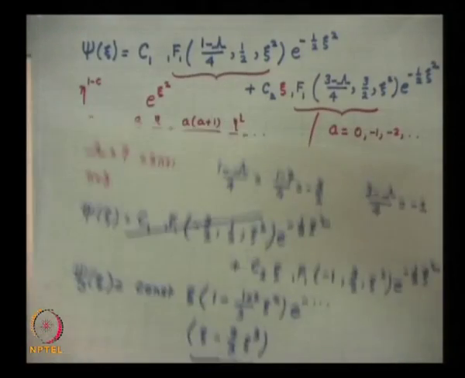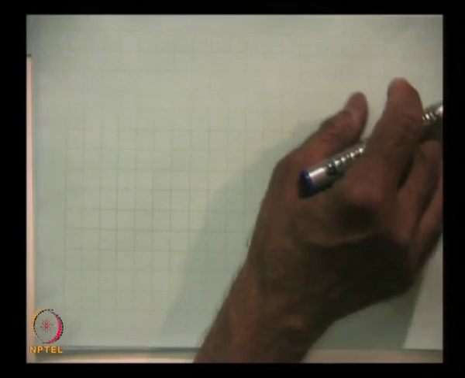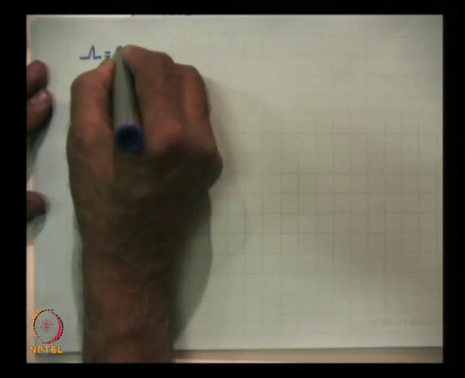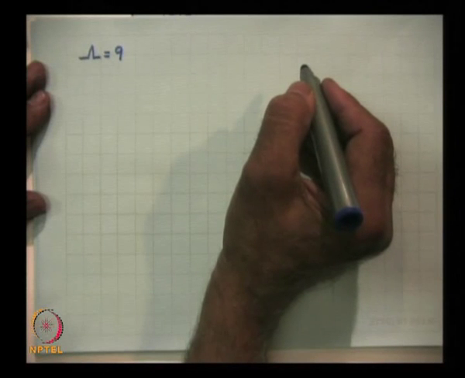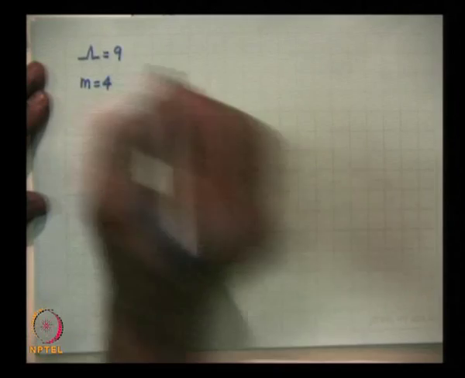Similarly, I will just tell you if I do it for lambda is equal to 9, we have done for 7. Lambda is equal to 9 means m is equal to 4.